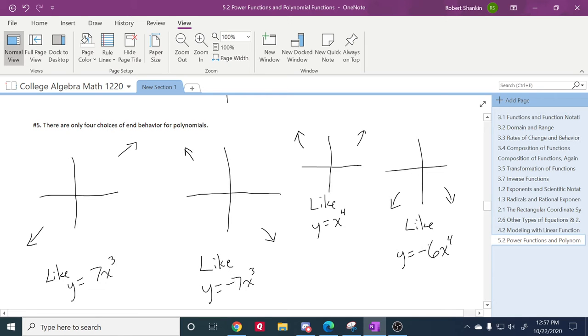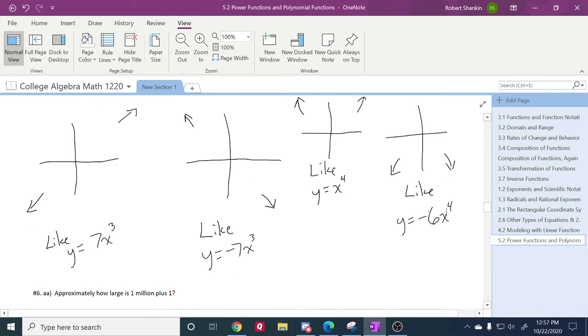Something like this. Then no matter how big or small x is, the x to the fourth is always positive, and then the output y is always negative. So you're going down really, really large. Now, every single polynomial function's end behavior is one of these four. And that's it.